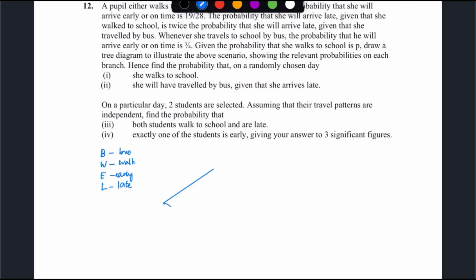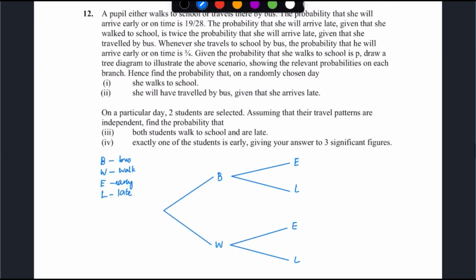So the first stage would be between taking bus and walking. Then there will be two situations at the end. Either she'll be early or she'll be late. Now let's translate all the English into math. So the probability that she will arrive early or on time is 19 over 28.